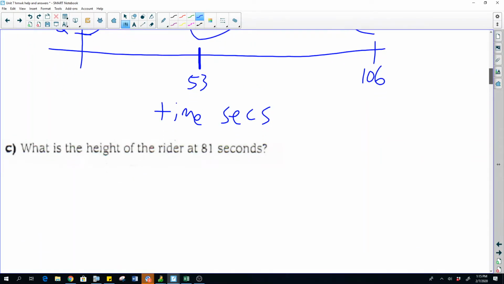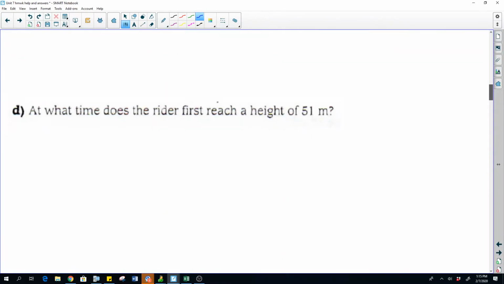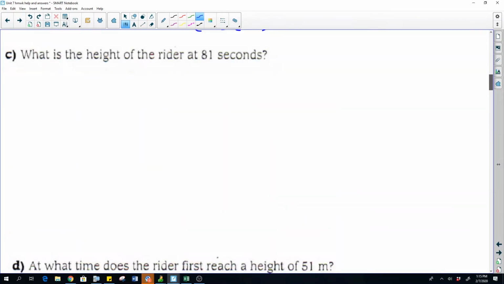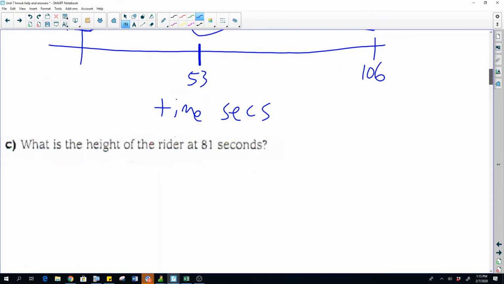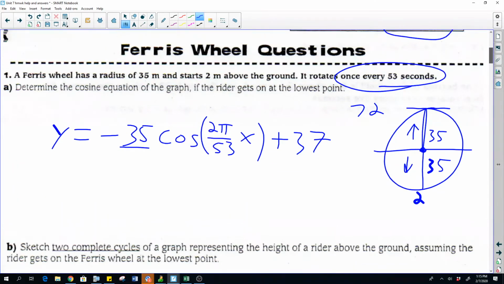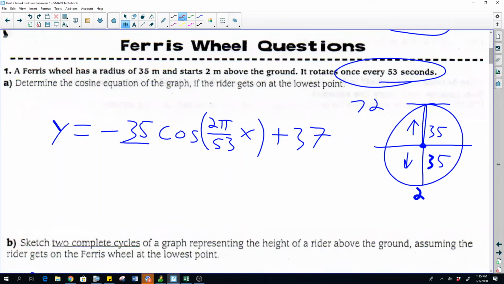I will go and write it out for you really quick, though, just to help those people watching this first video, and then we can calculate it and make sure we did it right. So we're asking for the height at 81 seconds. That means you just go ahead now and plug in 81 right here for x, and then put that in your calculator. But make sure that you're in radians.